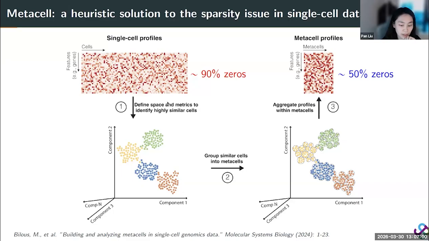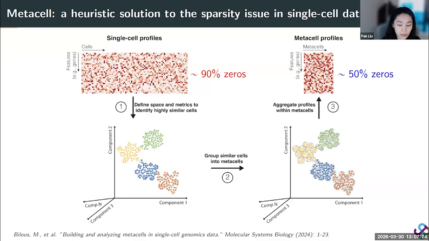Many of them are due to the imperfection of single cell sequencing technology, which means that for many genes that are expressed in the cells, because of the low per cell sensitivity, these gene expressions are not captured. So these are shown as zeros, or as the white blank blocks right here.